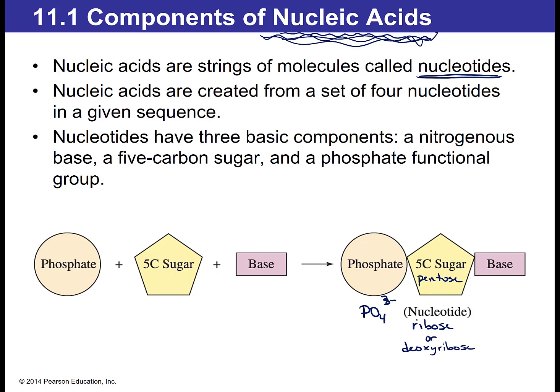So you've got a phosphate group, a sugar, and then it's connected to what's called a base. Now, when people say base, they always think, well, what is it, like sodium hydroxide or potassium hydroxide? It's not like acid and base. It's an organic base. So it is a molecule made mostly of carbon. And there's really 5 different potential groups.